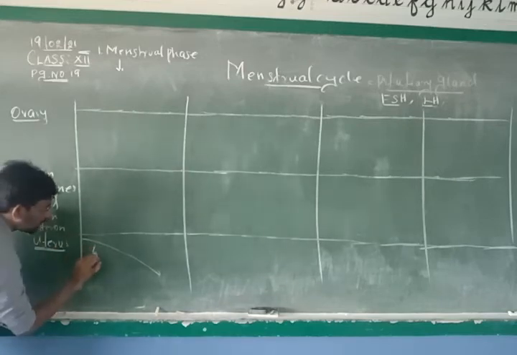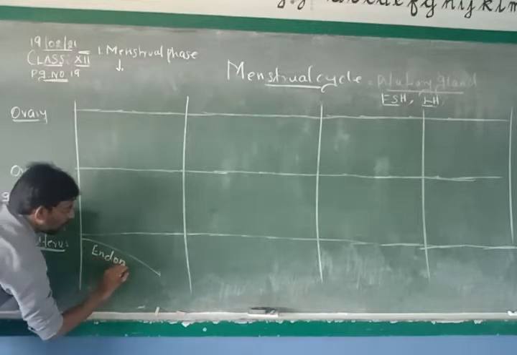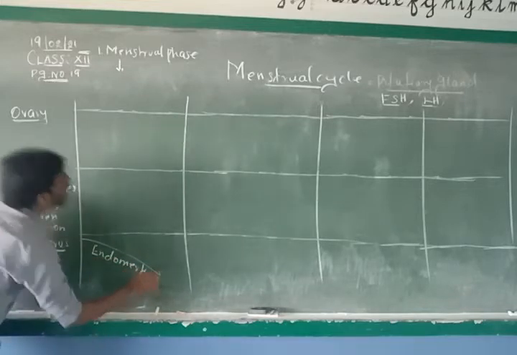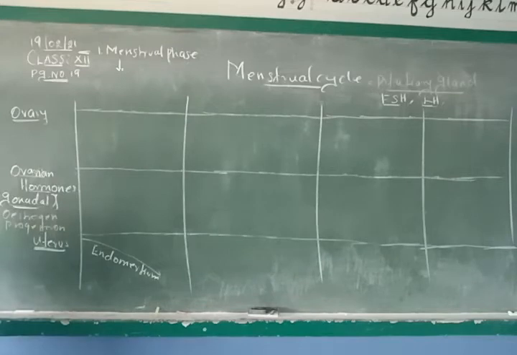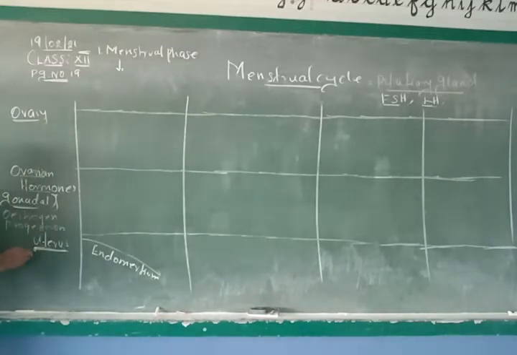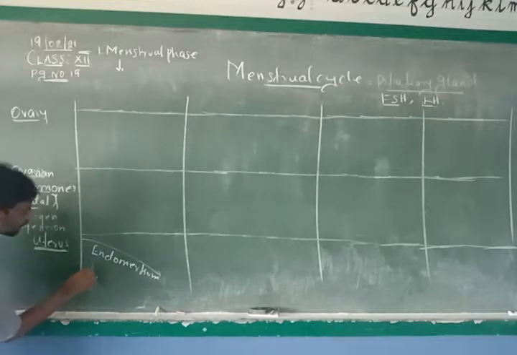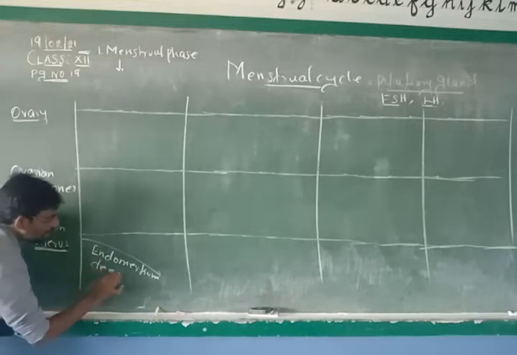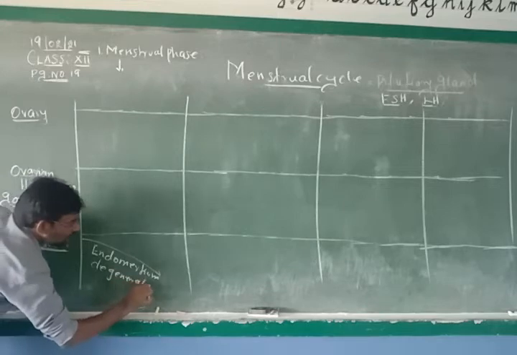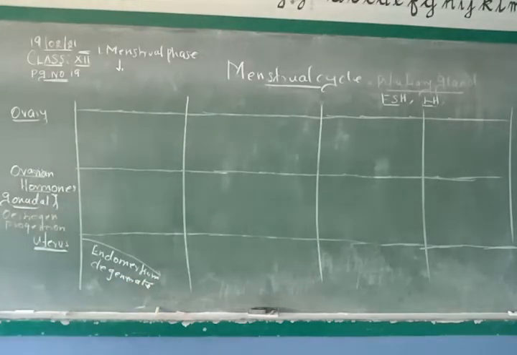So during the menstrual phase, the lining of the uterus, which is called the endometrium, starts to degenerate. You know what degeneration is? Removal of the endometrium from the uterus. That is number 1. So during the menstrual phase, in the uterus, the endometrium degenerates.